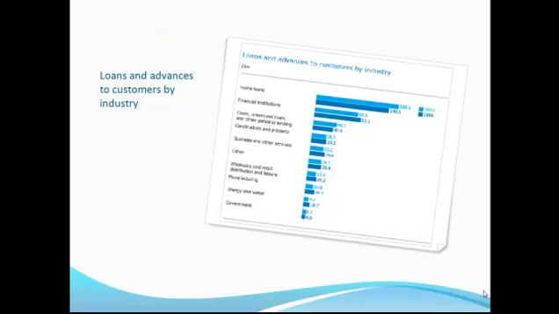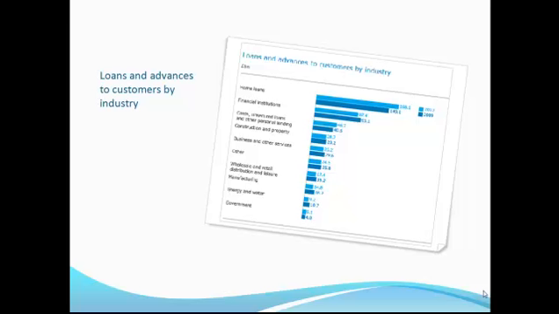Next we move on to loans and advances to the customer by industry. As you can see, in 2009 the home loans were around 149.1, and in 2010 they increased by about 20%, to 168.